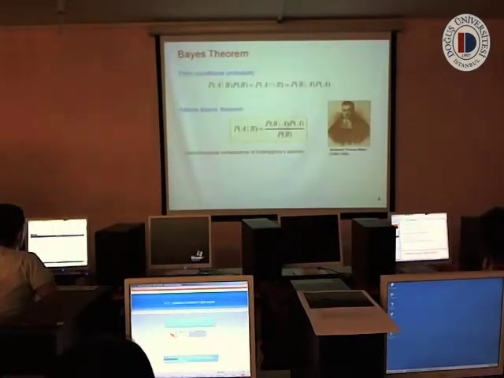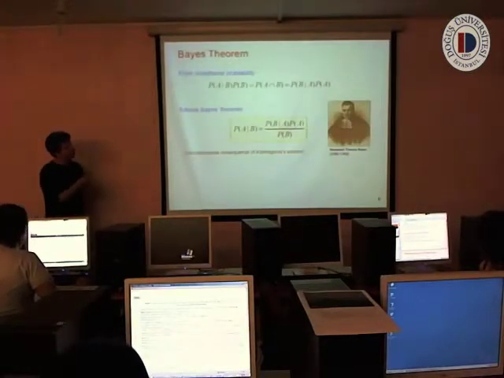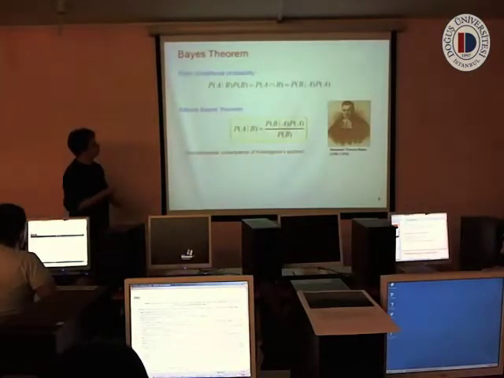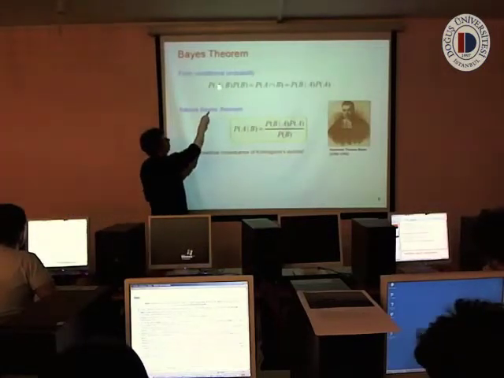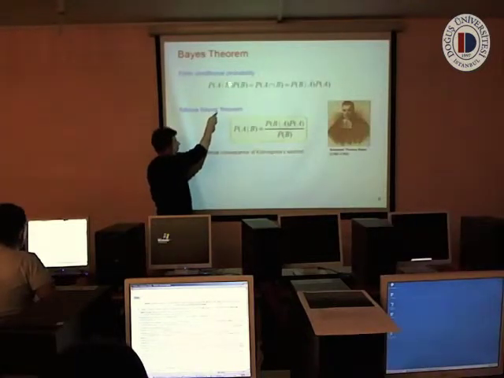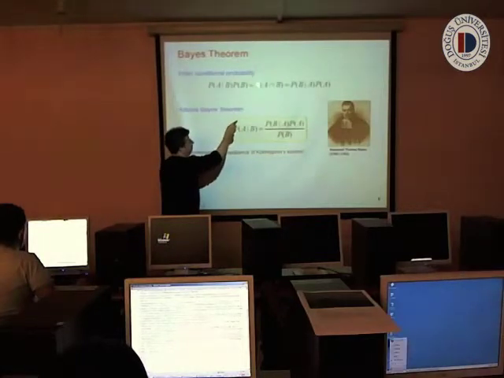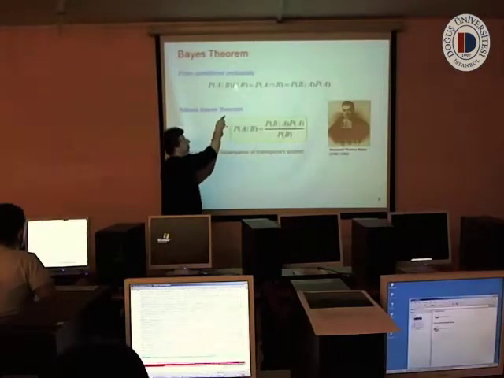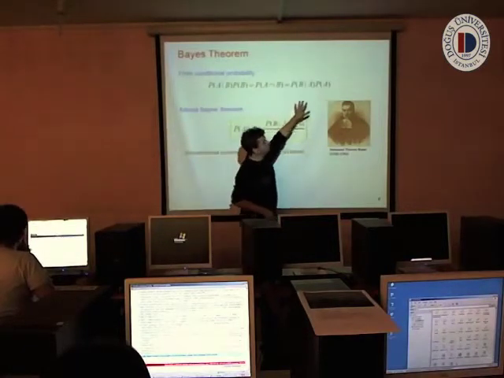The third definition of probability: before going there, I want to tell you about Bayes' theorem. We had looked at conditional probability. The probability that something happens under the assumption that something else has already happened is the probability of both happening divided by the probability of only one happening. If you write this the other way around, you can also write it this way.